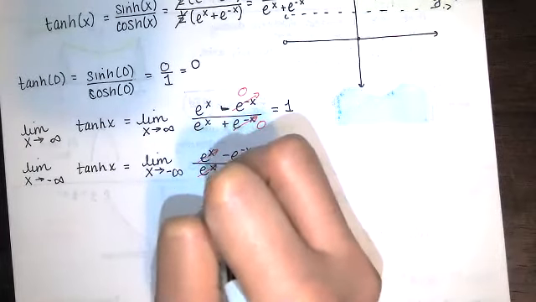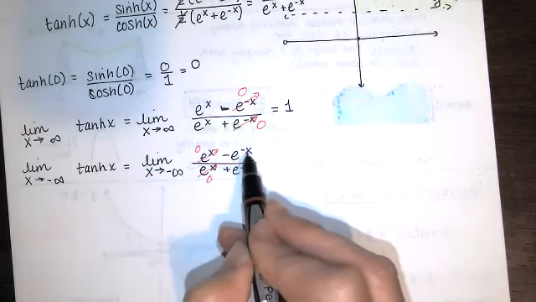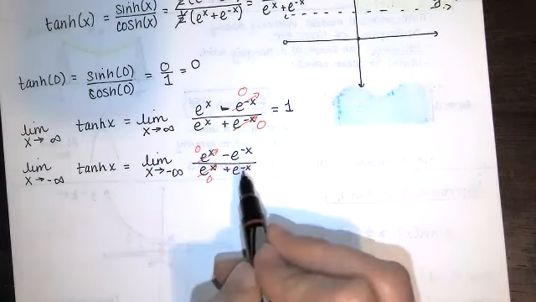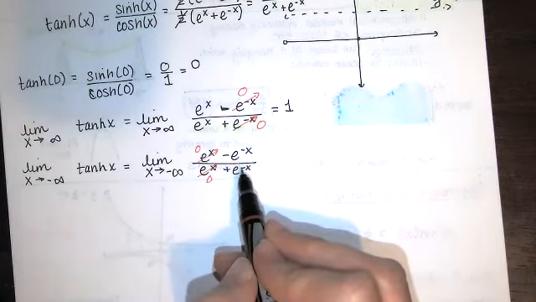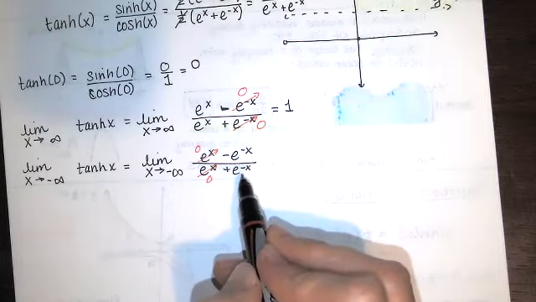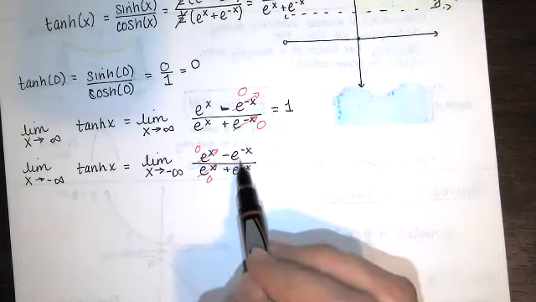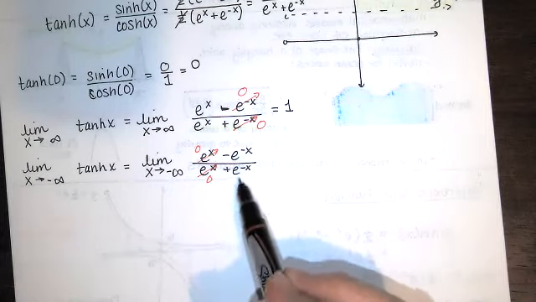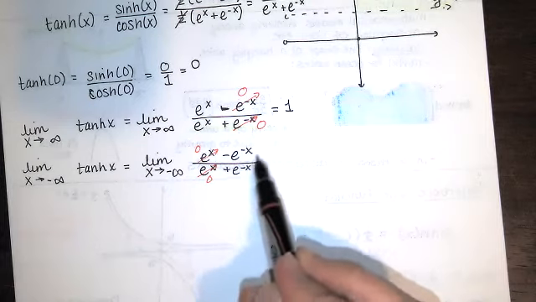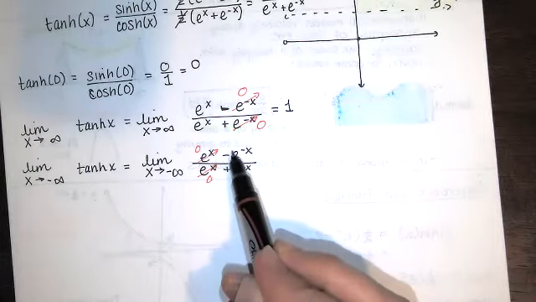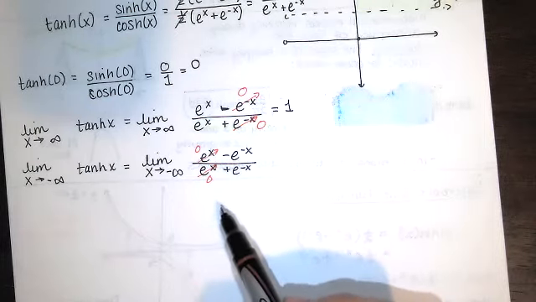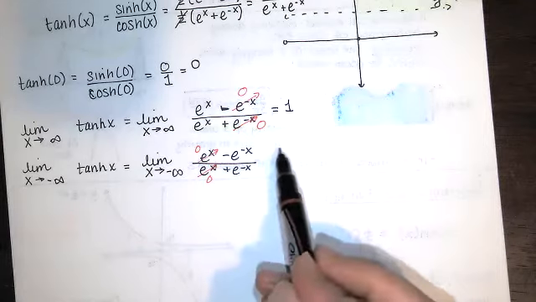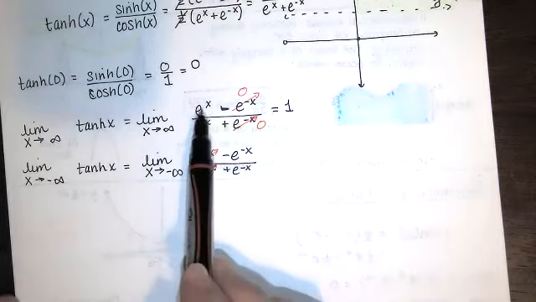So these guys are going to go to 0. And then this will be a negative times a negative, which is a positive. And this is actually going to be a negative times a negative, which is a positive as well. So this is negative infinity over infinity, but it's the same function. Like this function and this function are the same. The only difference is that negative 1 out front. So the limit's going to be negative 1.